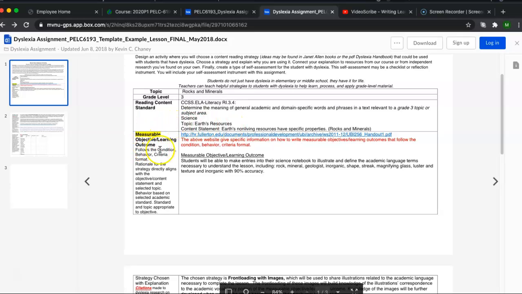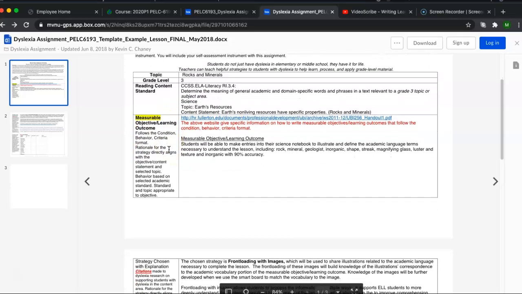The measurable learning outcome should follow the condition, behavior, criteria format. You're going to have a rationale for the strategy that directly aligns with the content statement.